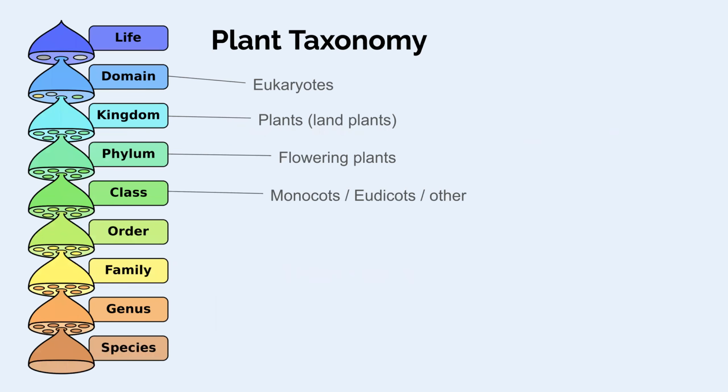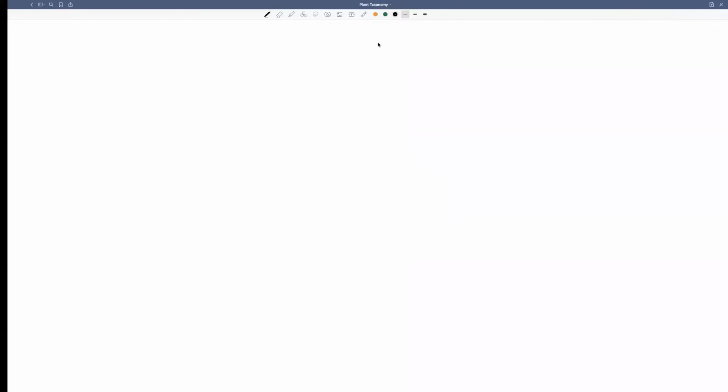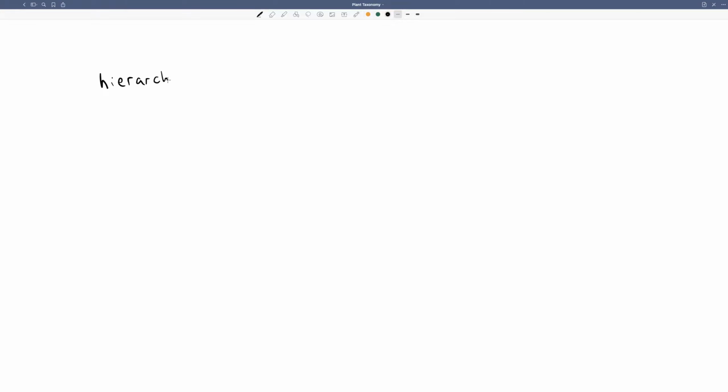When we talk about species, species are at the bottom of this so-called hierarchical classification scheme. Let me spell that out for you. Hierarchical. Hierarchy. Which is basically a system where one category is contained within another category.